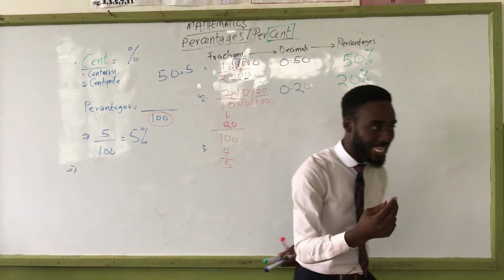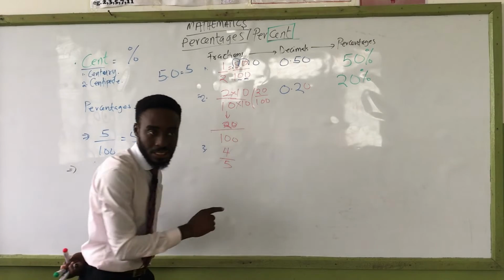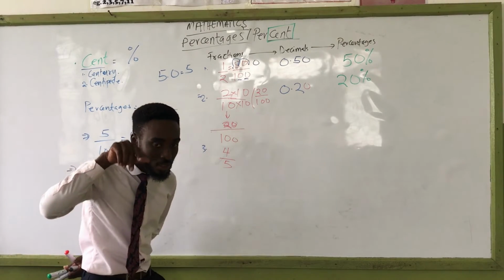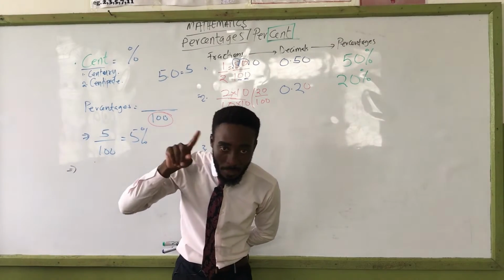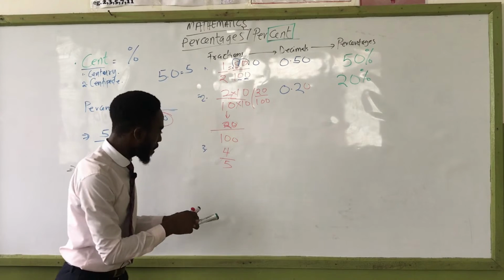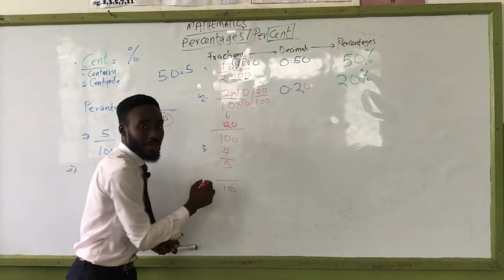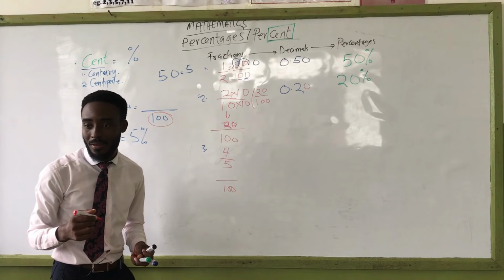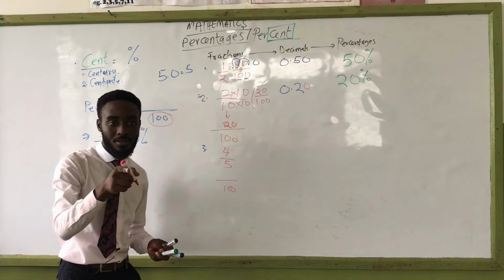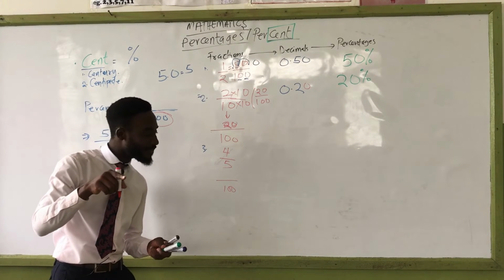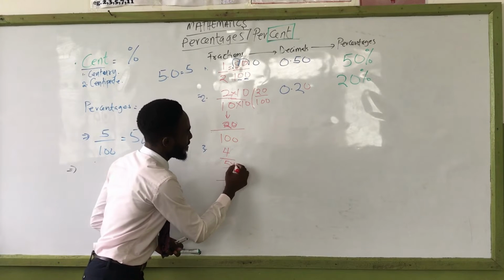You change it into an equivalent fraction, right? With a denominator of 100. 5 times what gives you 100? 5 times 20. Correct.